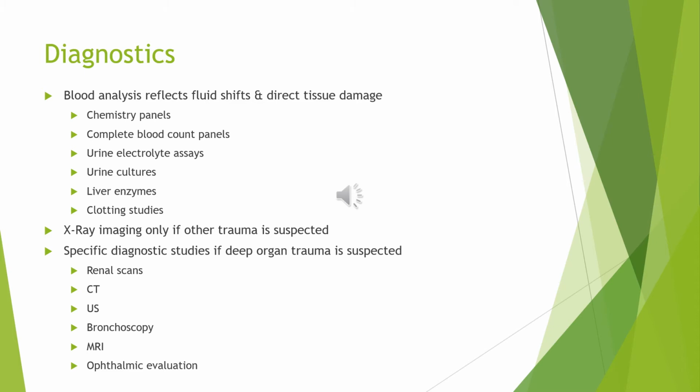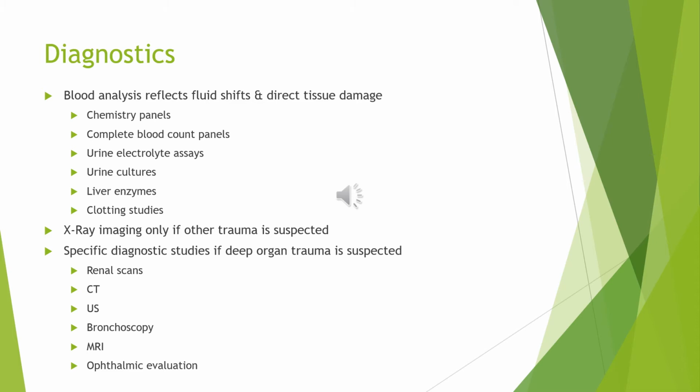And if you will look on page 493 of your IGGI book, you'll notice that there's a nice big chart that talks about the different labs, so you can see what you can expect, whether it's elevations or decreases from that. Also, X-ray imaging will only be present if they think that there might be an underlying trauma, such as a fracture or something like that.